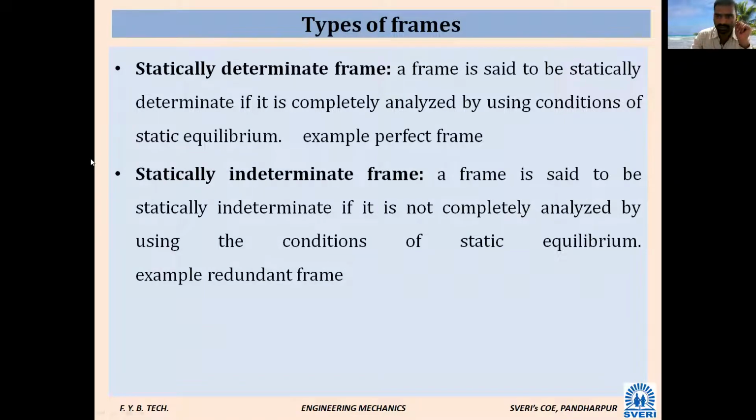If equilibrium equations are sufficient to find out the unknown support reactions, then such a beam is called as determinate beam. If the equilibrium equations are not sufficient to find the support reactions, then such a beam is called as indeterminate beam.